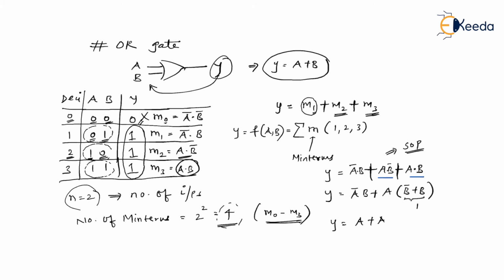It is A plus A bar B. Yes or no? Now by using other laws, I'm sure you must have watched the Boolean laws lecture in which I made you understand what A plus A bar B is. It comes in other rules where I can now write Y equal to what? Simply A plus B. And we are done. I can write Y equal to A plus B and we are done.